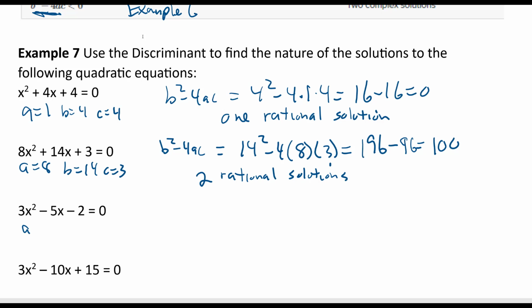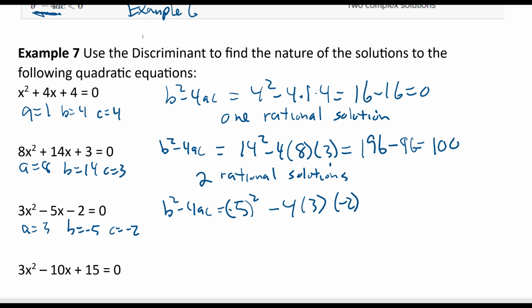Next case, we have a equals 3, b equals negative 5, and c equals negative 2. So our b squared minus 4ac is going to be negative 5 squared. So remember what happens when you square a negative, the negative goes away. Minus 4 times 3 times negative 2.